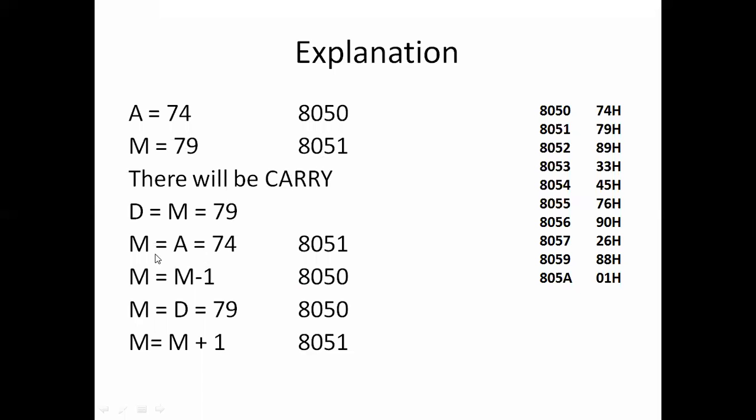So this second number must be at the first place and the first number must be at the second place. So we are going to interchange the values. How will this interchange process be done?